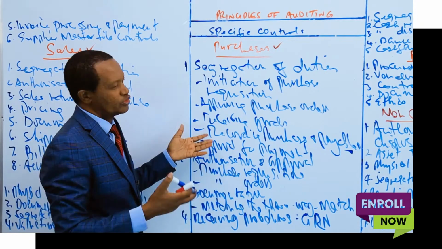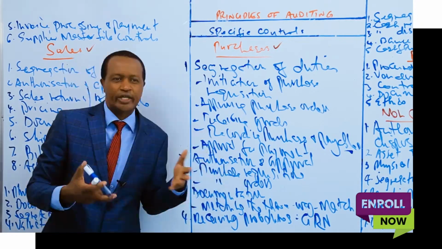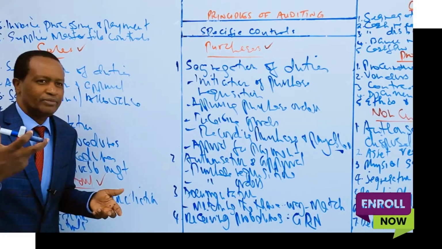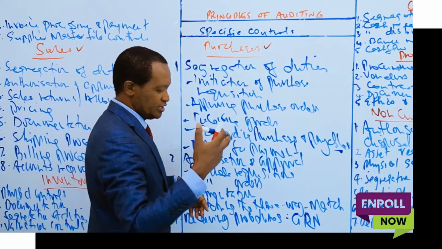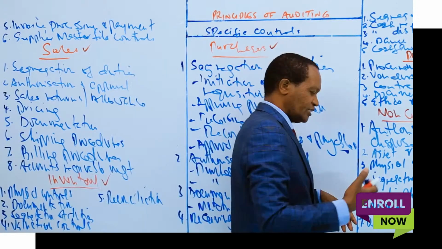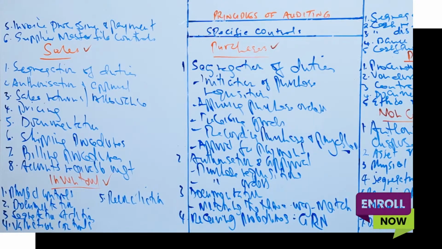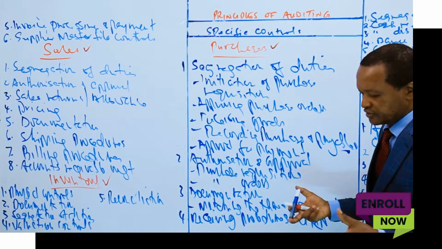So these controls, when properly designed, implemented and monitored, form a crucial part of what helps organizations to achieve their operational, their financial reporting, and even compliance objectives.